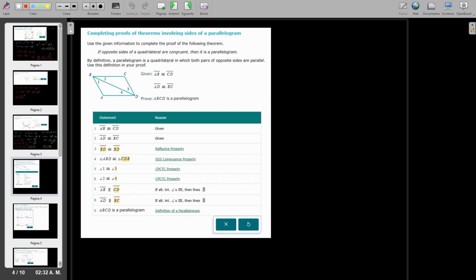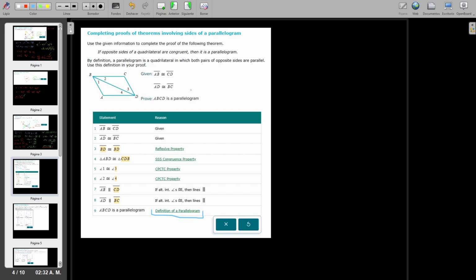To the next one, we need to be proving that the sides of a parallelogram are the same size, or we need to identify that this is a parallelogram. Remember, always the last definition is going to be the definition of a parallelogram.